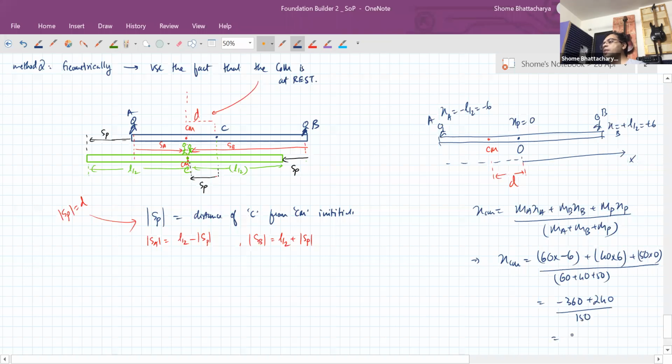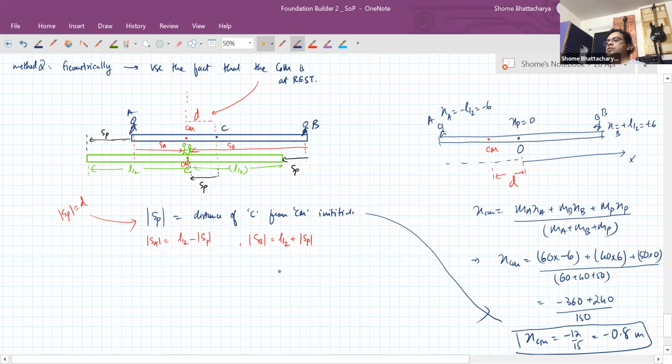You can see that it is minus 12 by 15, or minus 0.8 meters. So this is the position of the center of mass of the system with respect to the center of the Plank initially. So D is equal to 0.8 meters. Therefore the displacement of the Plank has a magnitude of 0.8 meters, and from the diagram we can see its direction is backward. So it's minus 0.8 meters.